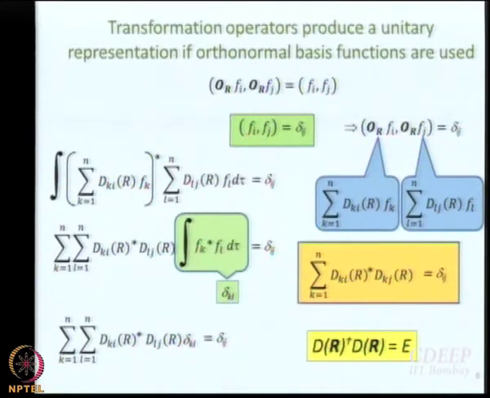If this is what is satisfied, is that not the condition for the matrices to be unitary? You look at this, see this is ki and this is kj, right. So, you are working with the matrix elements of the Hermitian conjugates or adjoints.